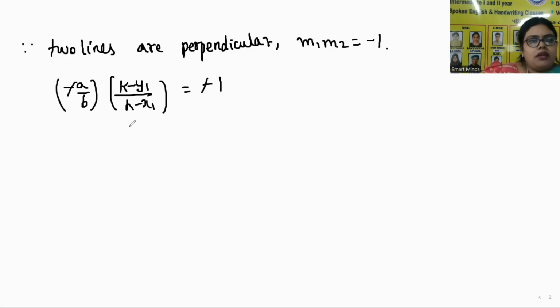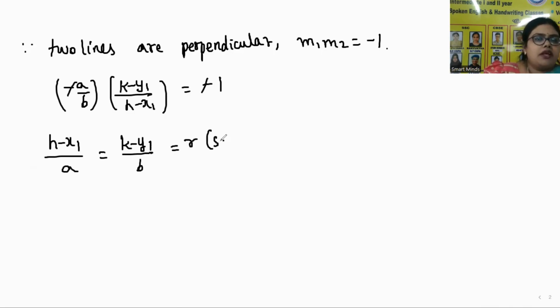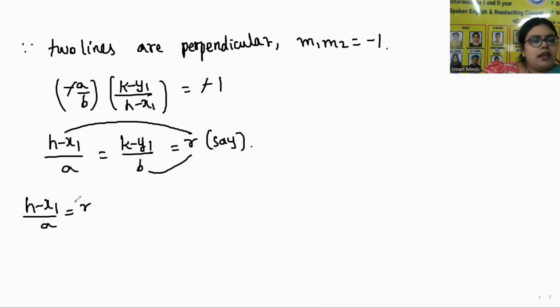Now I will take a and h − x1 to the other side. So we will get (h − x1)/a = (k − y1)/b. Let us say that is equal to r. We are assuming it. Now if we equate (h − x1)/a = r and cross multiply, I will get h − x1 = ar.